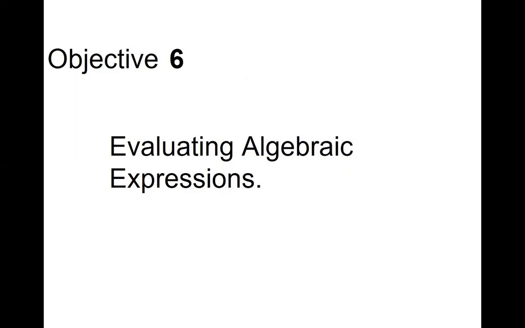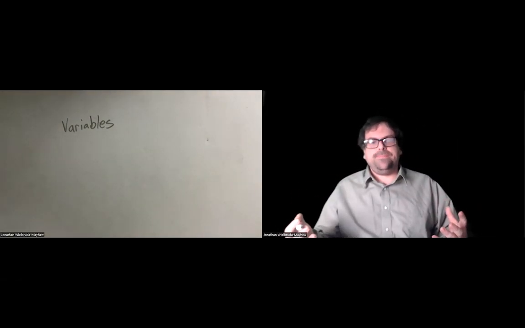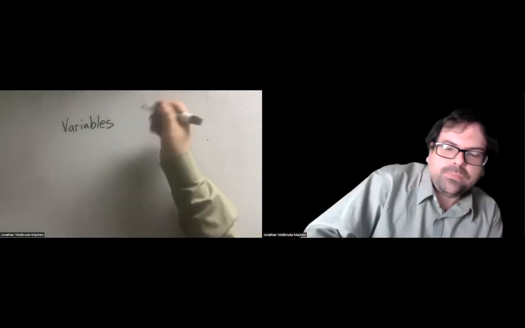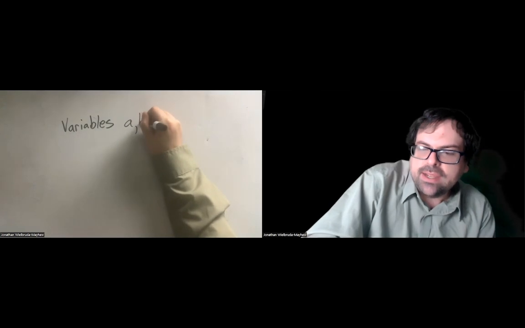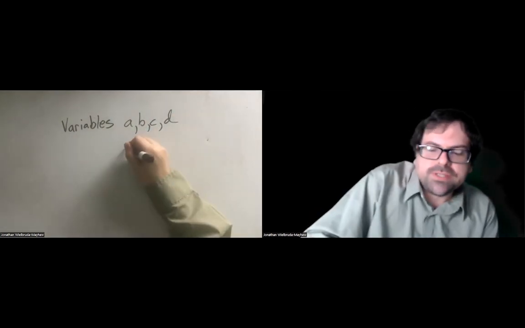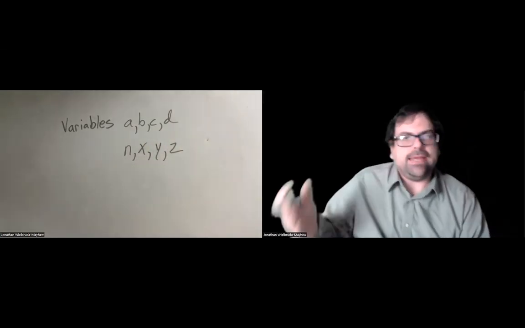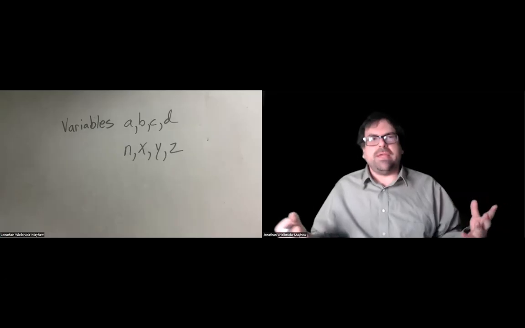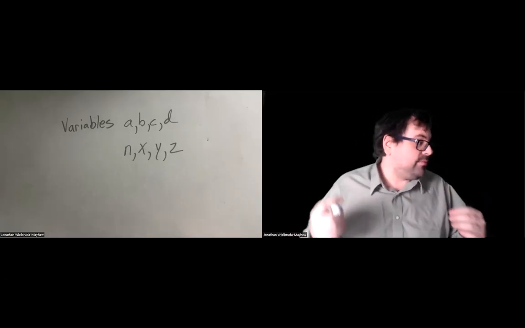The sixth objective in this topic is evaluating algebraic expressions. Variables are letters that stand for numbers. Previously, when we were talking about fractions, we used A, B, C, D, but you'll also see N, X, Y, Z. Any letter can be a variable, and variables just represent numbers.